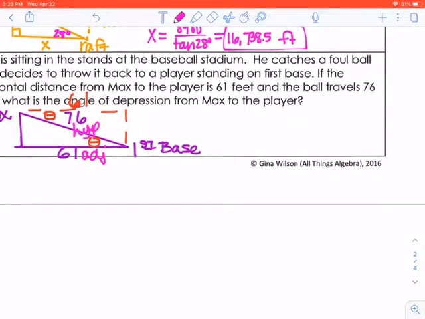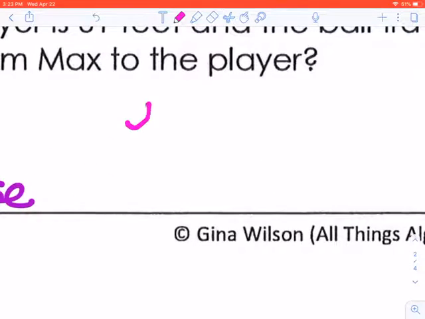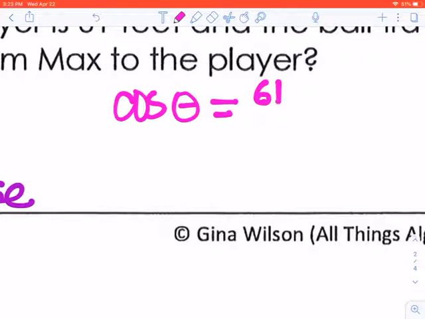Adjacent and hypotenuse is going to be cosine. So we have cosine of angle theta, or whatever you want to call the angle, you can call it x, is equal to adjacent 61 over hypotenuse 76, and we need to figure out the angle that's associated with cosine for this specific ratio, 61 over 76.